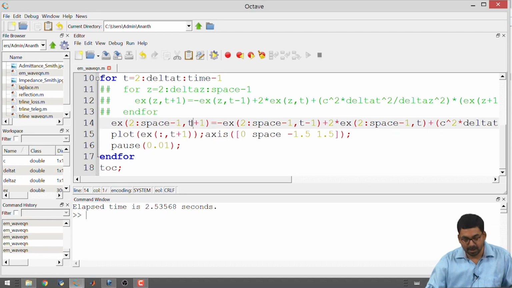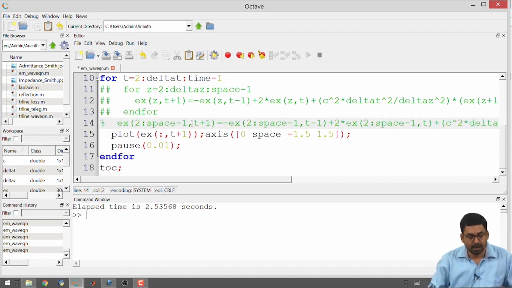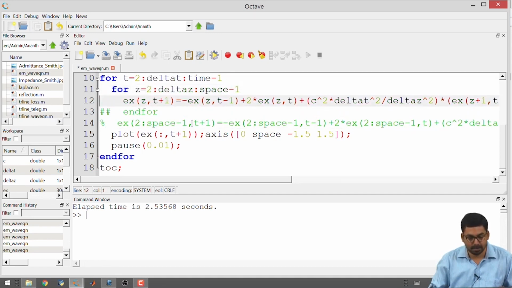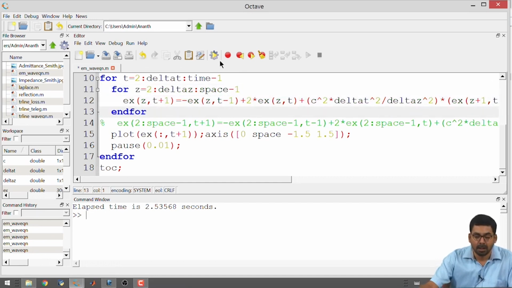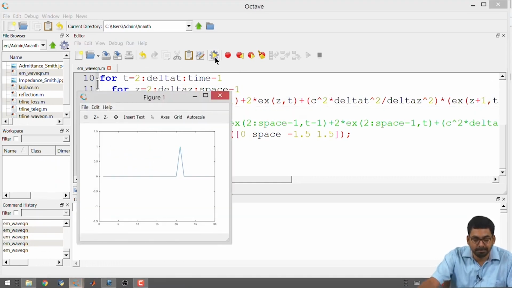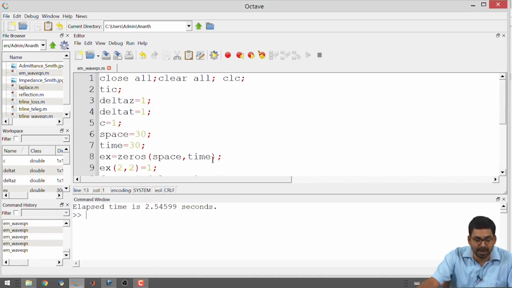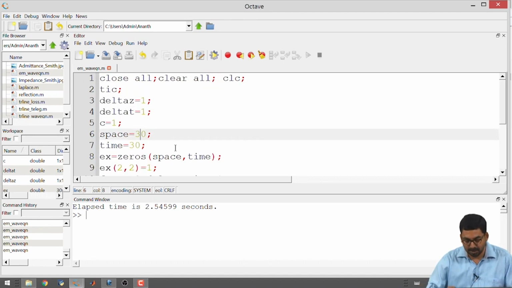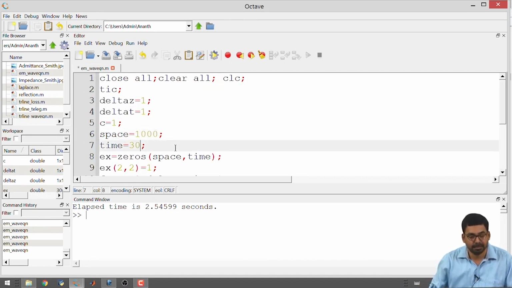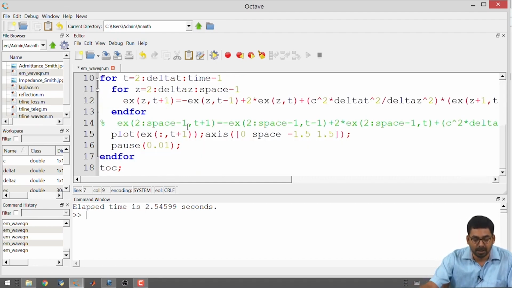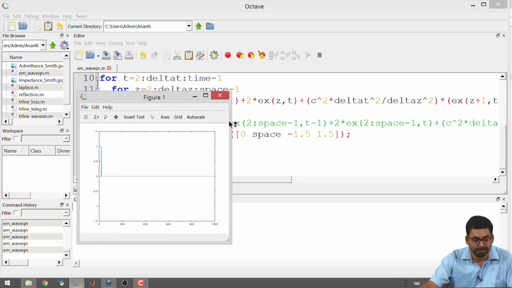So one could always comment this portion. It is roughly the same for small values of space and time. So I will make the space as 1000, and I will make the time as 1000, and we will run the program with the for loop and we will just note down the value.